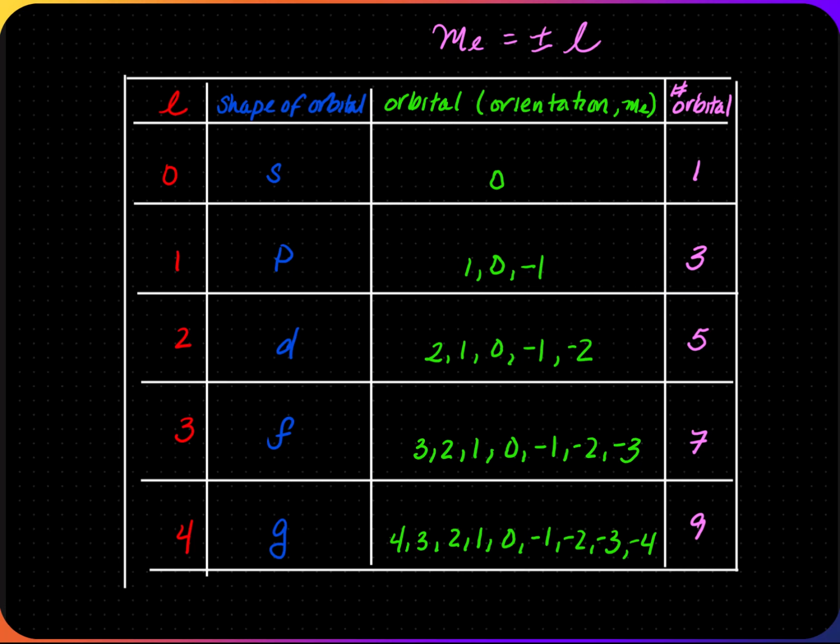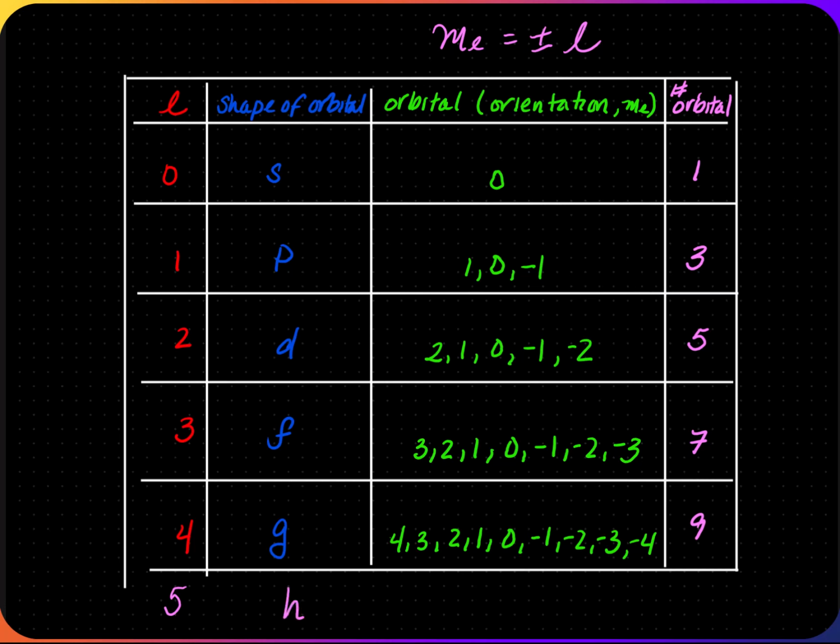When L equals 3, it is F. So it's positive 3, positive 2, positive 1, 0, minus 1, minus 2, minus 3. So there are 7 possible orientations. So there are 7 orbitals. When L equals 4, it is G. So it's 4, 3, 2, 1, 0, minus 1, minus 2, minus 3, minus 4. And so there are 9. If L equals 5, remember it's the next letter in the alphabet.